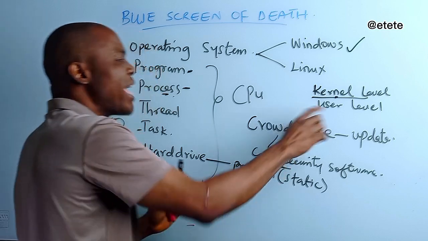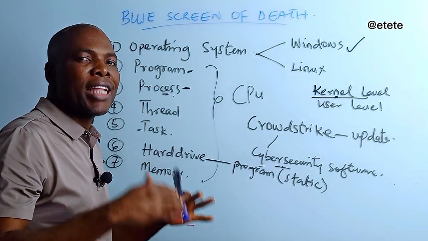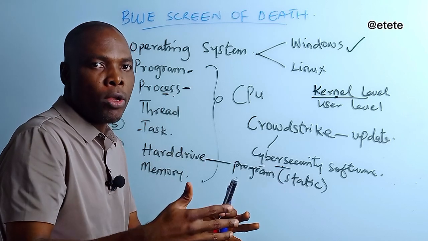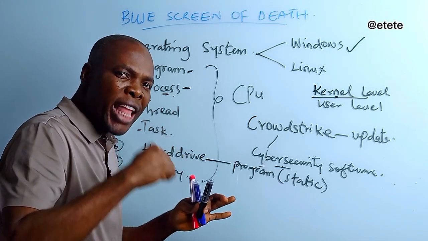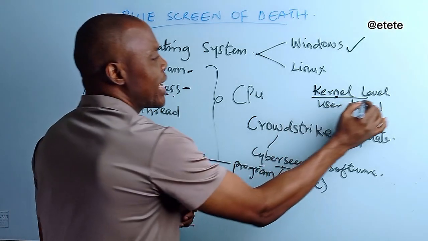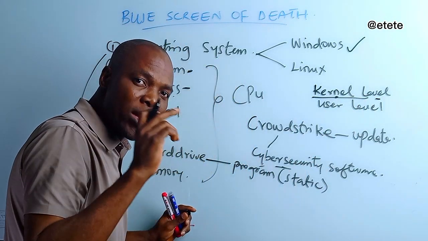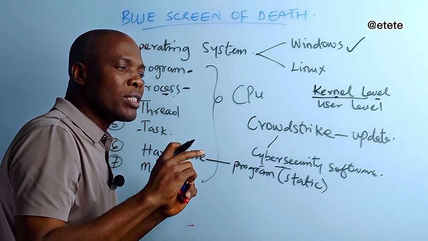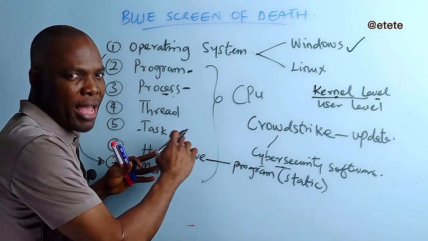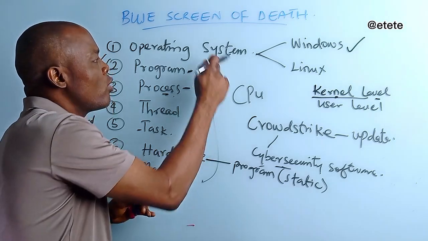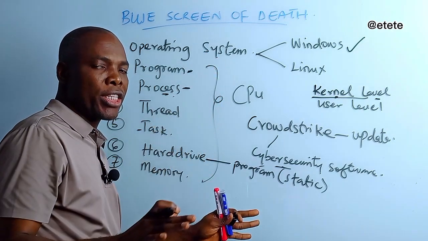If it is at the user level, which means at the application level, it will be known as a runtime error. That application will crash. But it is also a runtime error that occurred at the kernel level where the operating system is. So if that update was having access to hardware that the operating system is also using, that could lead to the crash.